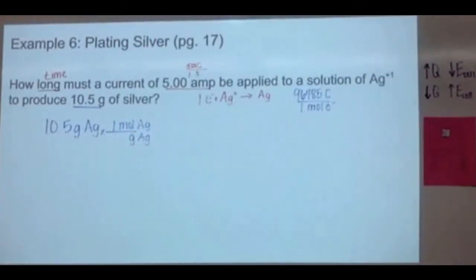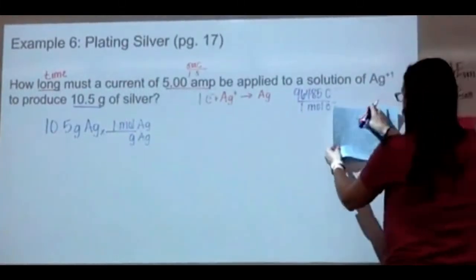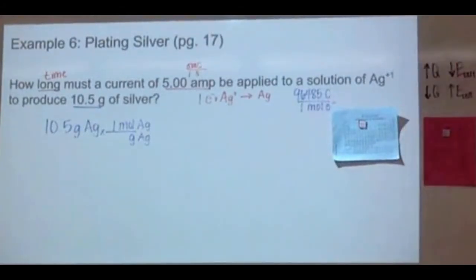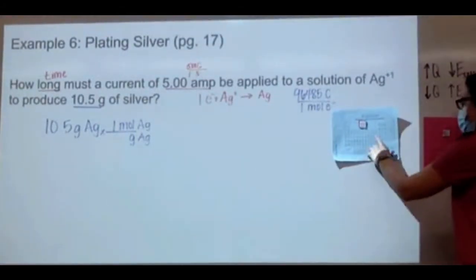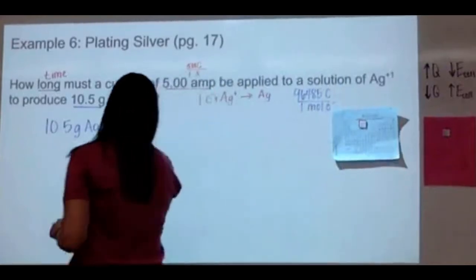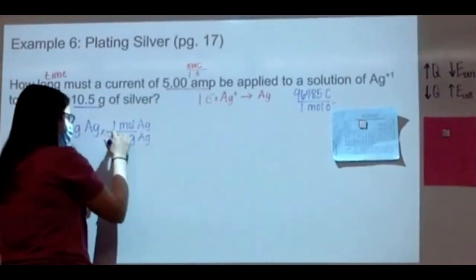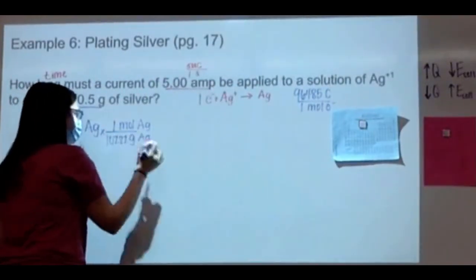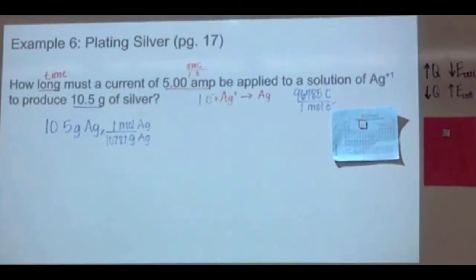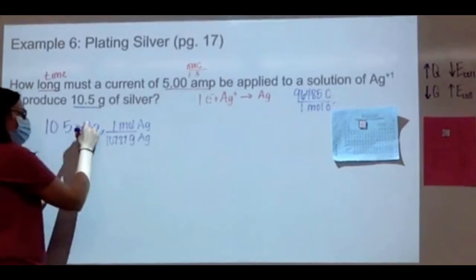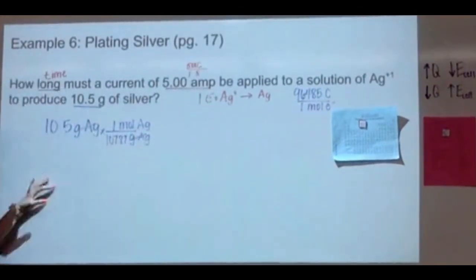So this is probably the first time in a while that we need a periodic table. 1 mole of silver is 107.87 grams. 107.87 grams per 1 mole. So now my grams of silver have canceled and I'm at moles of silver.